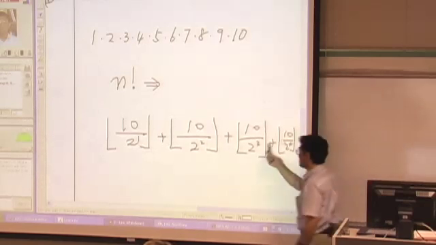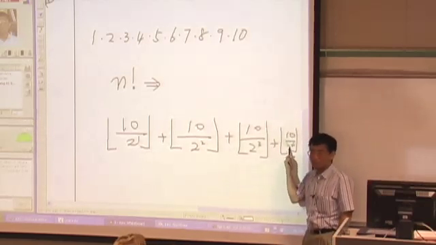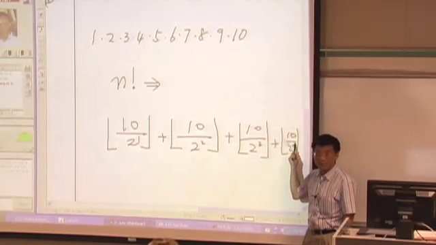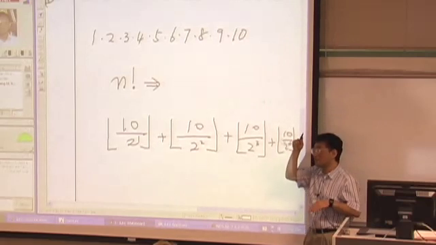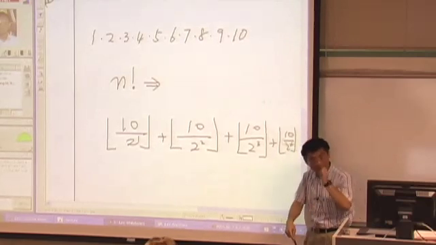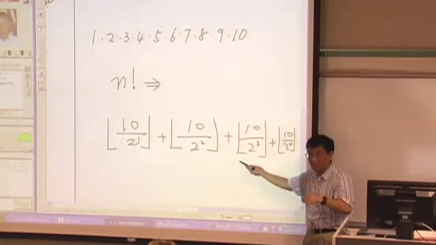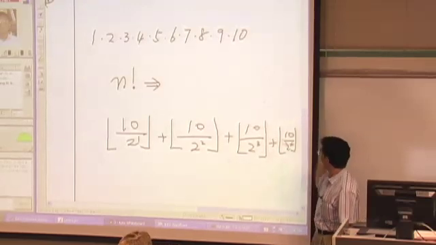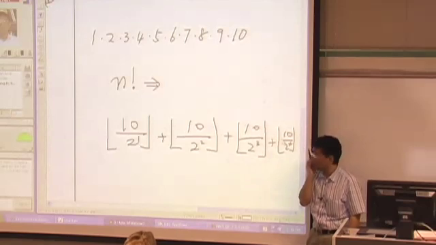But once it reaches a certain position, the numerator will be smaller than the denominator. Then the floor of some number that has a bigger denominator is automatically what? 0. So we don't have to worry about the convergence, right? This converges, right? Because the tail portion will go to 0 in the end.